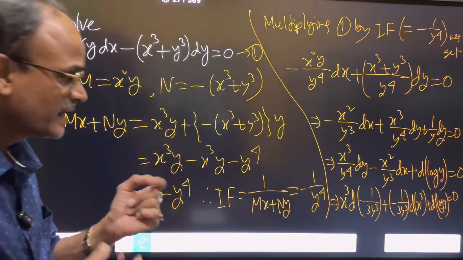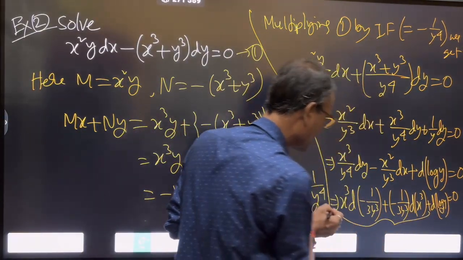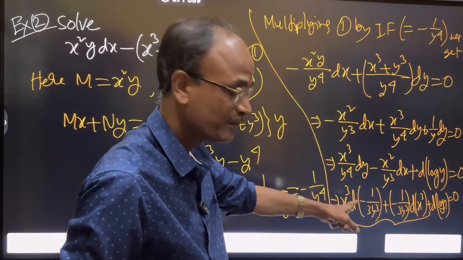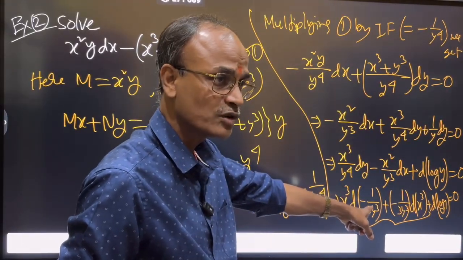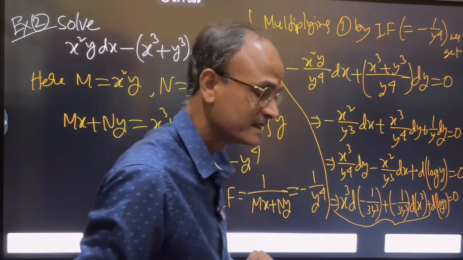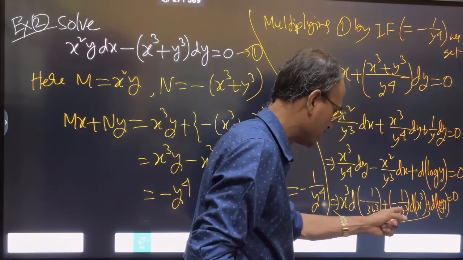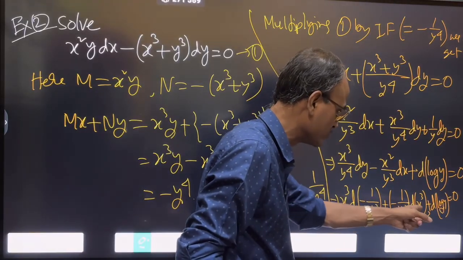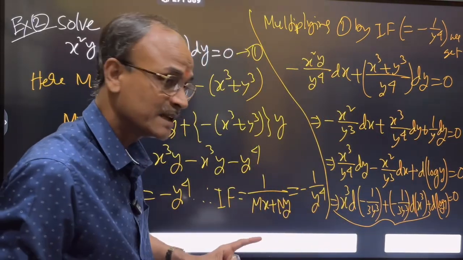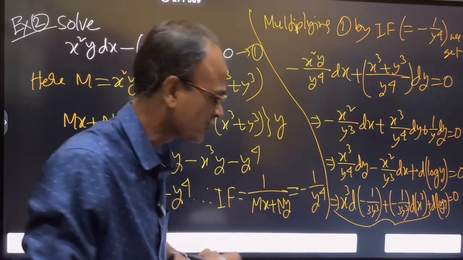See this one. First function x cube, into differentiation of the second function, minus 1 by thrice y cube, plus second function minus 1 by thrice y cube into differentiation of the first function. This can be written as d of first function into second function.